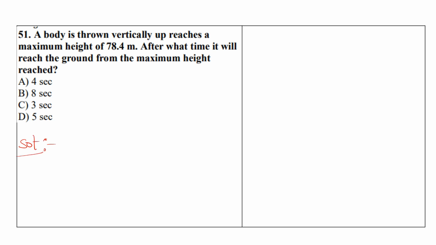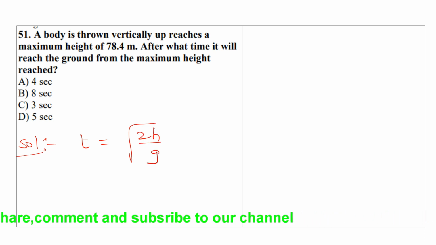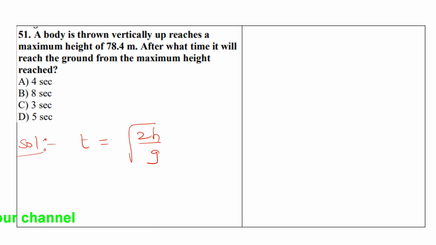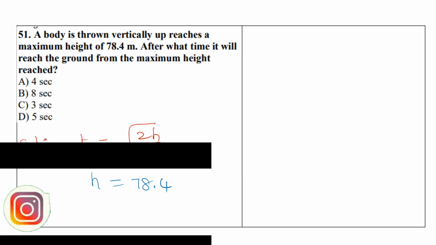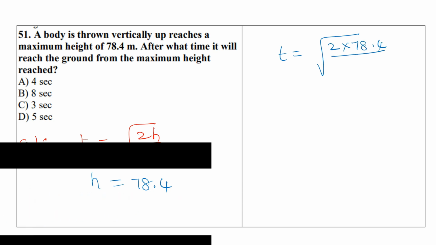t is equal to root of 2h by g. Here they have given h is equal to 78.4, the maximum height. So substituting, t is equal to root of 2 into 78.4 by g.